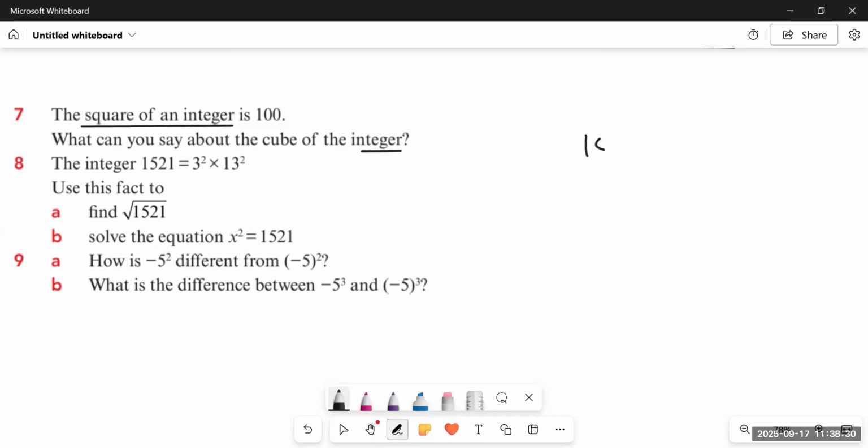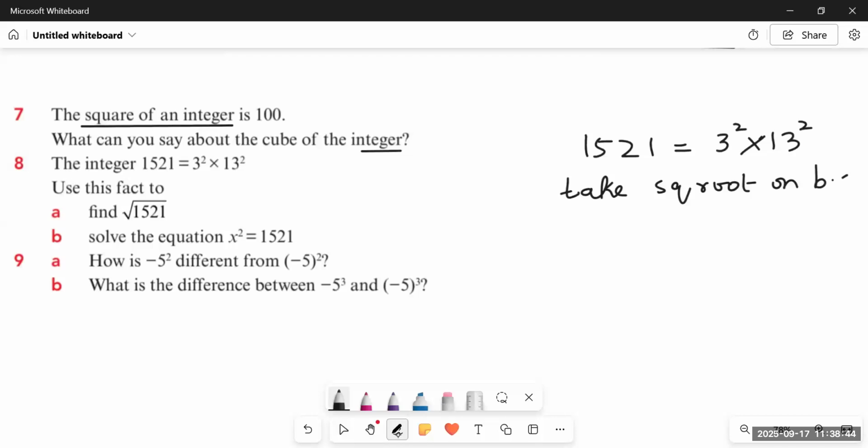So if 1521 is equals to 3 square multiplied by 13 square, if we take square root on both sides, the situation would become like this. BS stands for both sides. If we take the square root on both sides, we will have under root 1521 is equals to under root 3 square multiplied by 13 square.